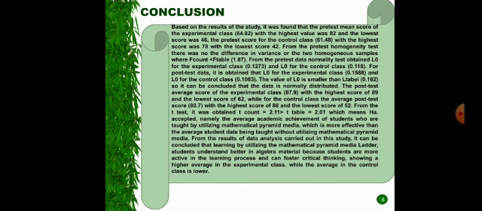The post-test average score of the experimental class is 87.9 with the highest score of 89 and the lowest score of 62, while for the control class the average post-test score is 80.7 with the highest score of 88 and the lowest score of 52.